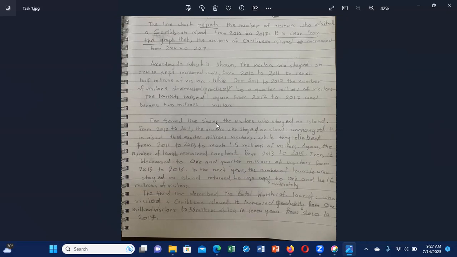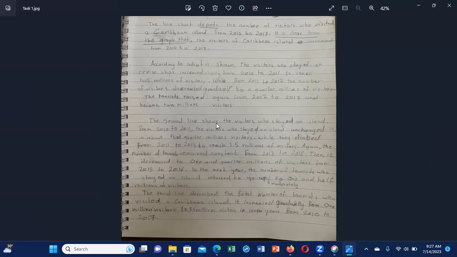You can see what you have done here. The line chart depicts, nice use of vocabulary. The line chart depicts, you can say provides, you can say gives, or you can say reflects. But the thing is, if it is one pie chart, then singular.